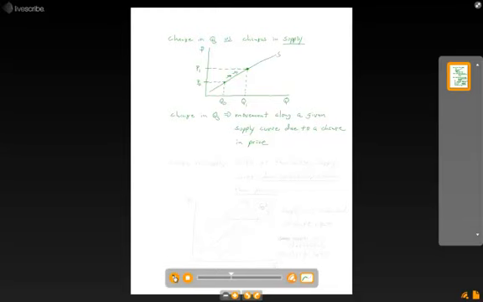Now, we know there are other things other than price that are going to affect the seller's behavior. So we are going to talk about changes in supply.